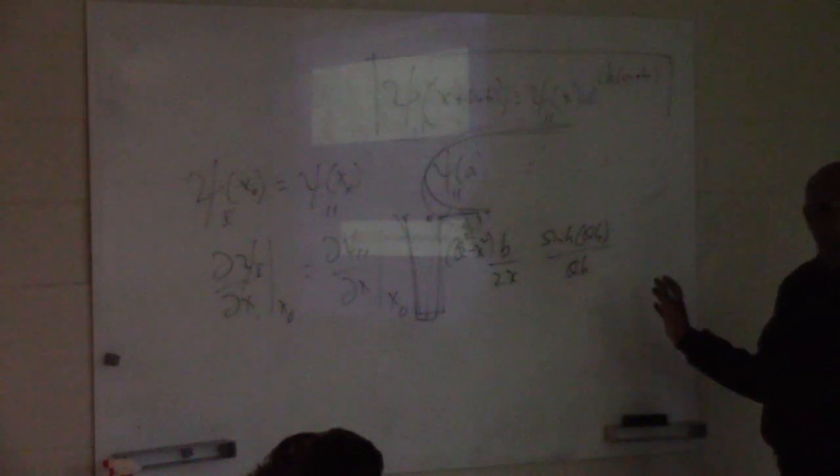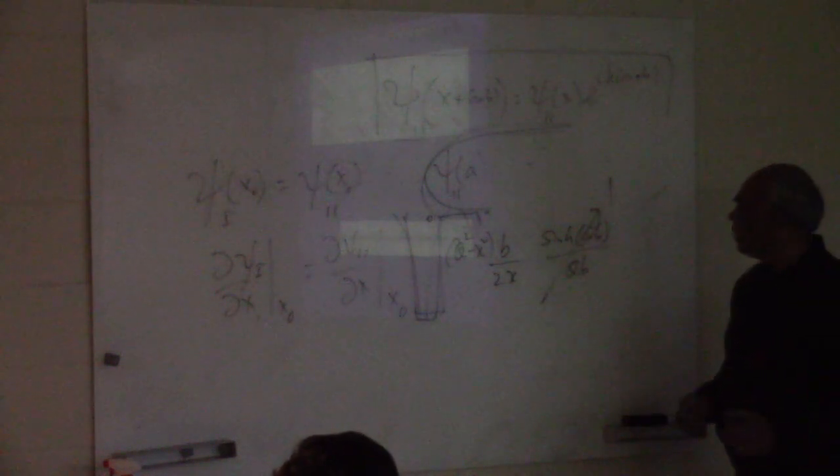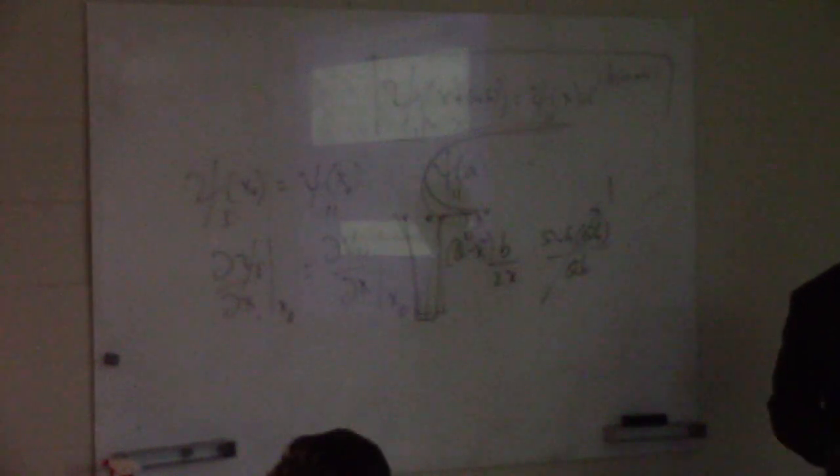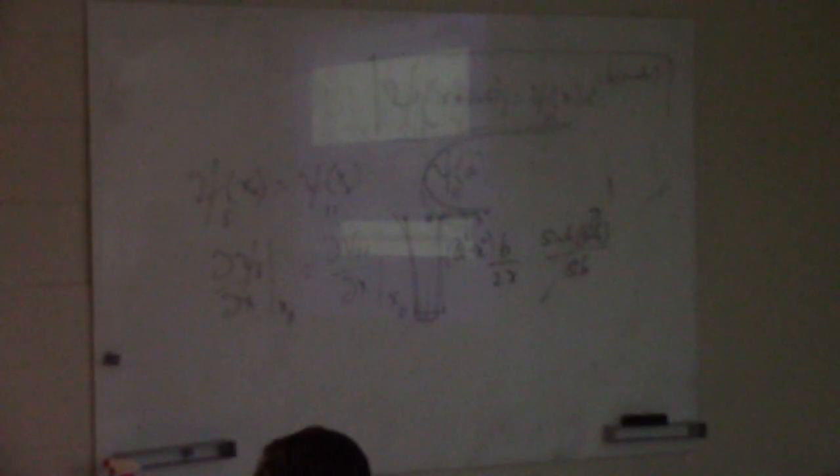Now everything is there, right? So now this term goes to 1. So what I have in here is q squared minus kappa squared times b over 2 kappa.